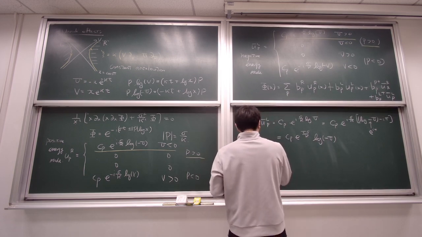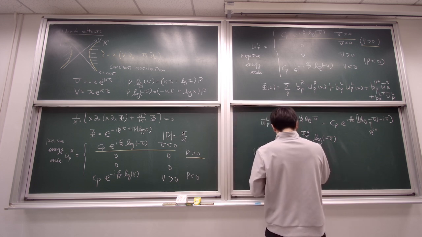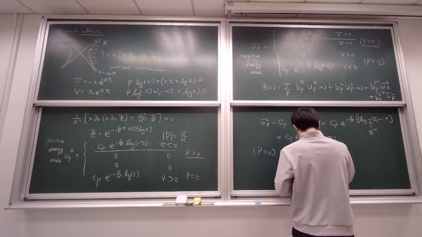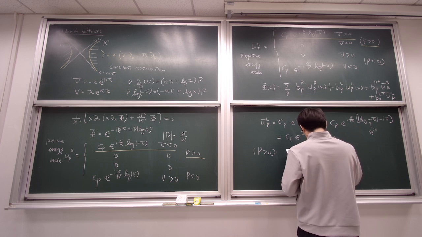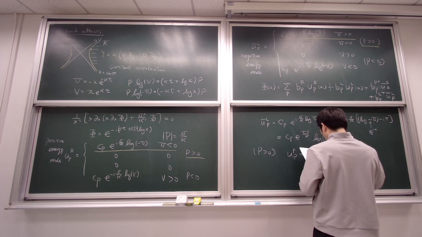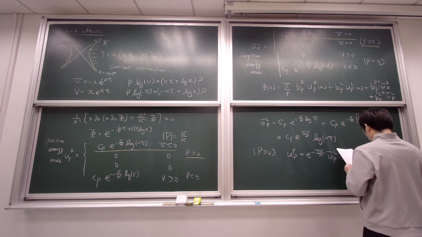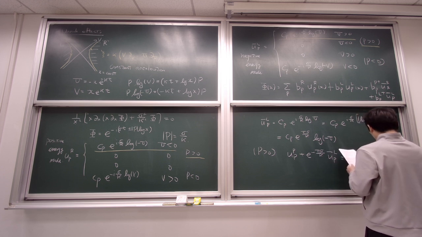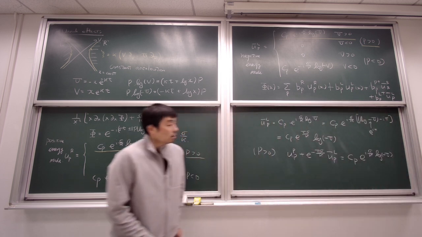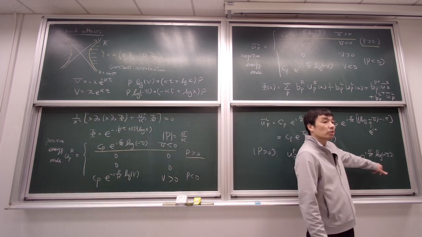For U, P positive case, we can do the analytic continuation by combining these two cases, like this way. Fine. So this is a mode which only depends on U.